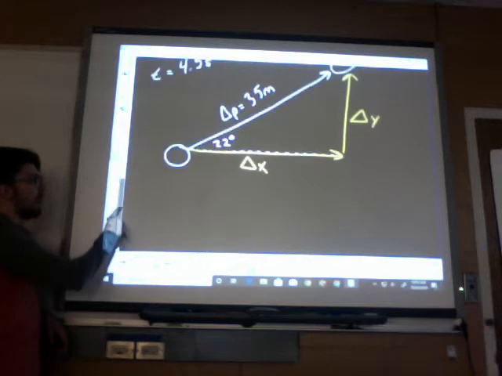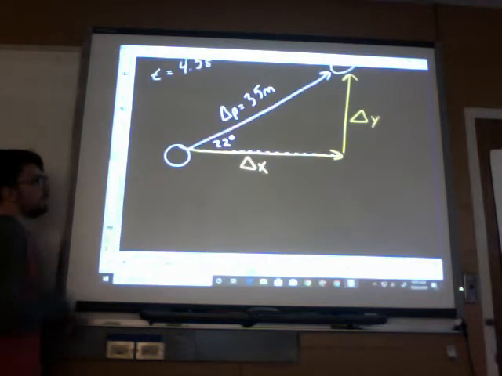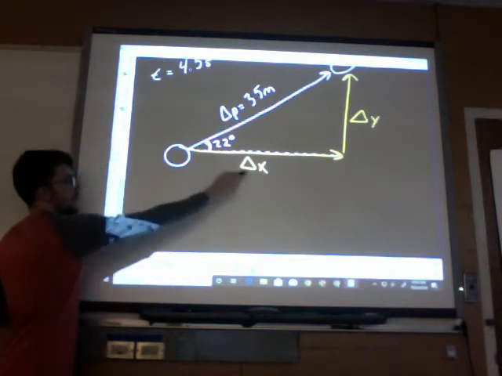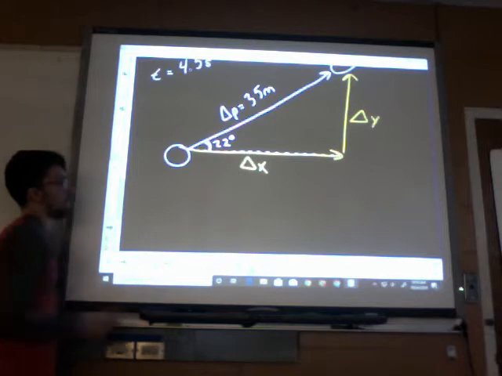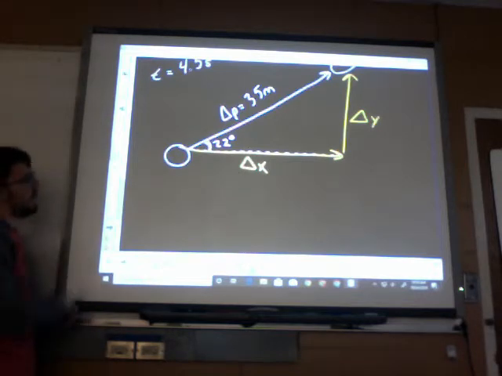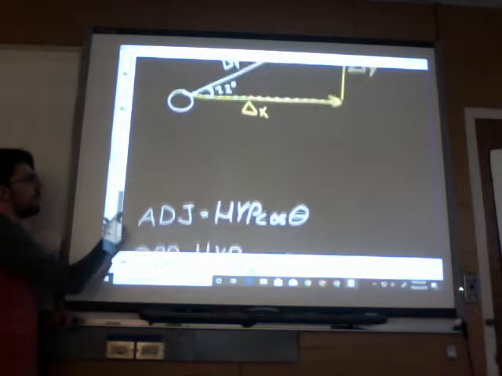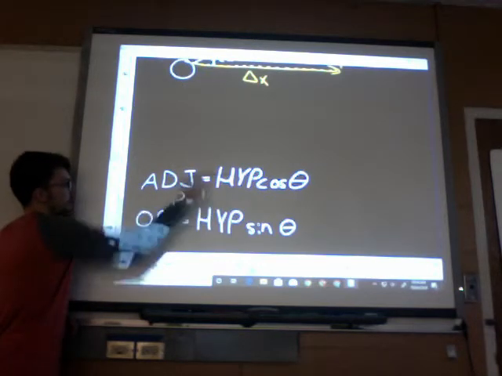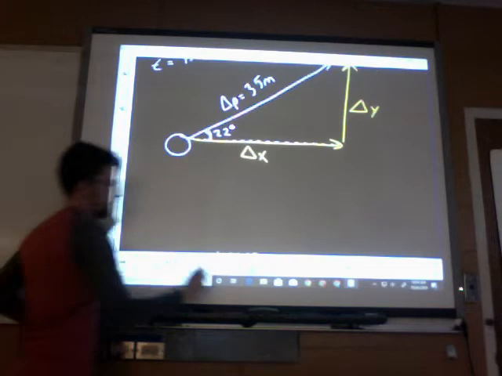So let's look at what we have. Delta X, compared to the 22 here, is delta X adjacent to the 22 or is it opposite from the 22? Adjacent. Okay. So we'll use the adjacent equation. It'll be hypotenuse times cosine theta.